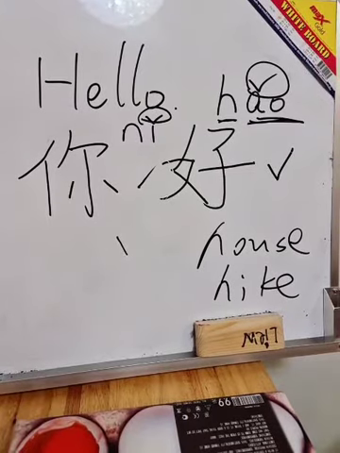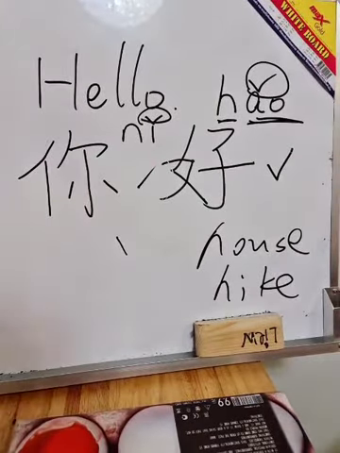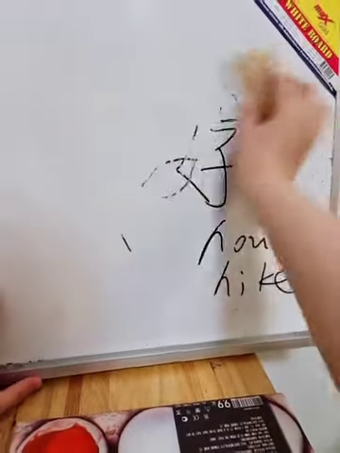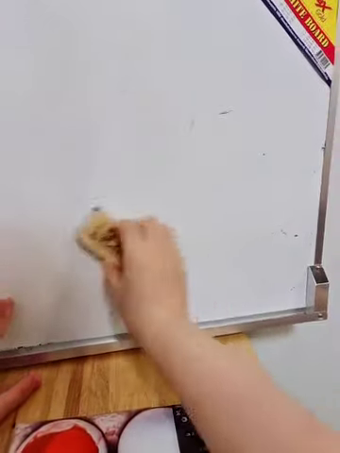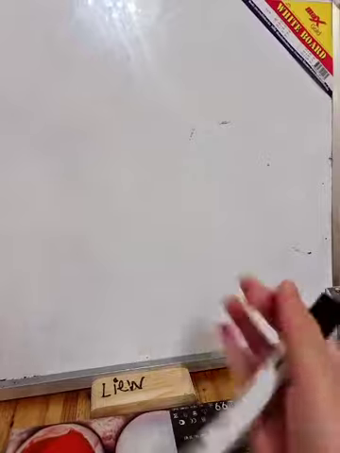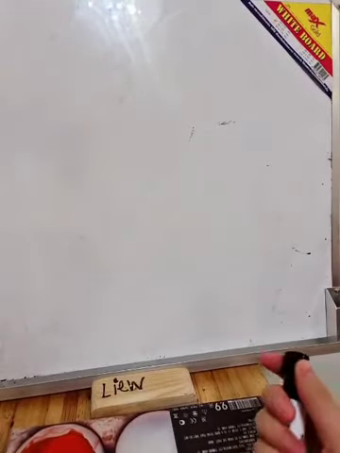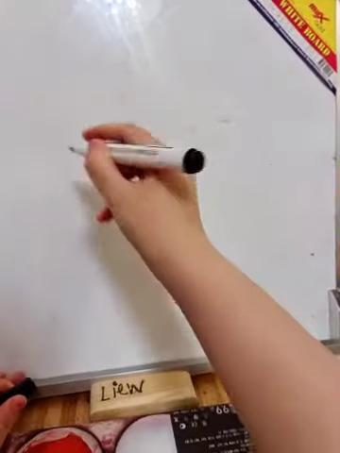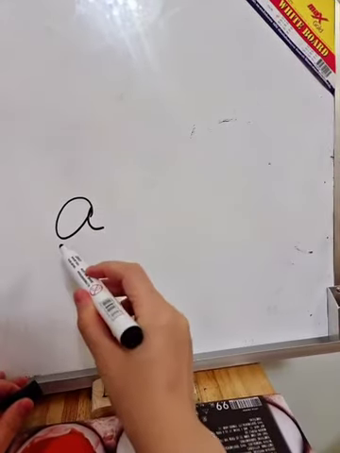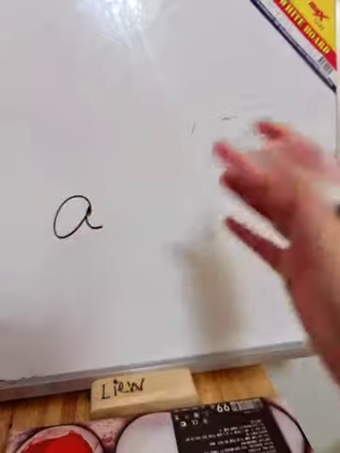Now we will learn about the 4 tones. Okay, let's see. In Chinese we have 4 tones. If we use the first letter, we say a, just open your mouth.